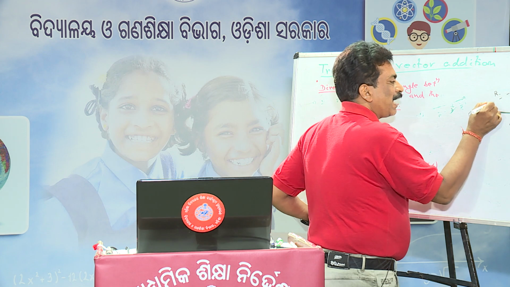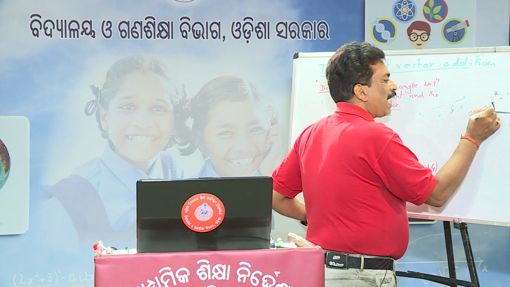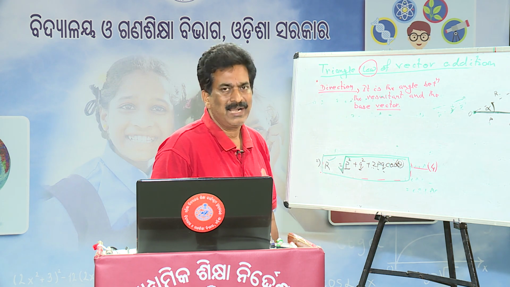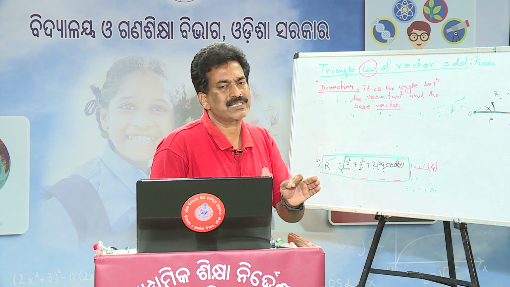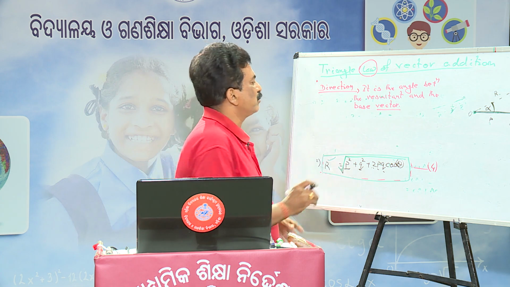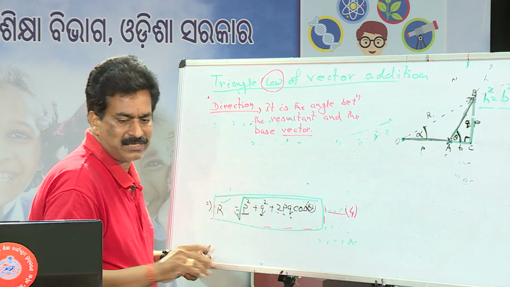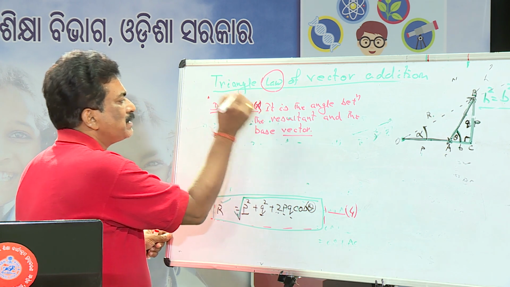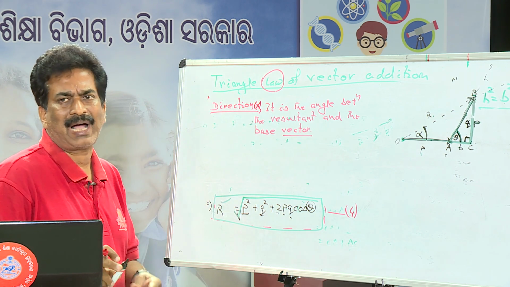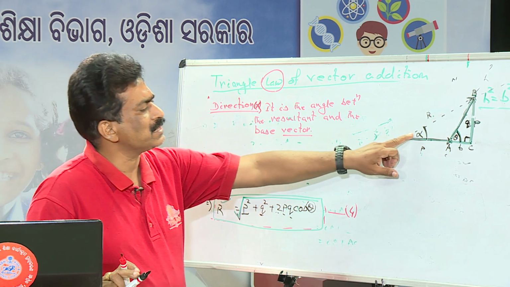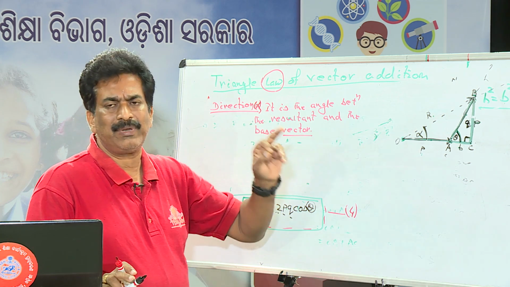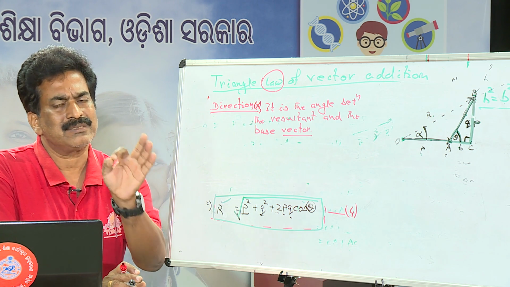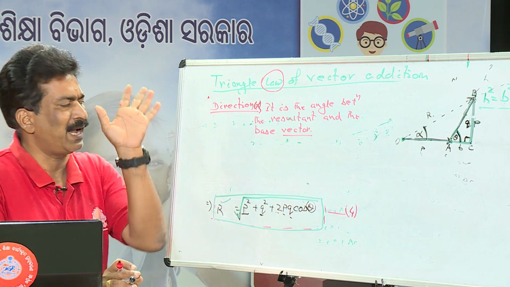So this angle is taken as the angle of the resultant, means that is the direction of the resultant. According to my figure, I represented it with the angle alpha. Therefore, if we calculate this alpha, then we will say that the resultant vector makes this much angle.